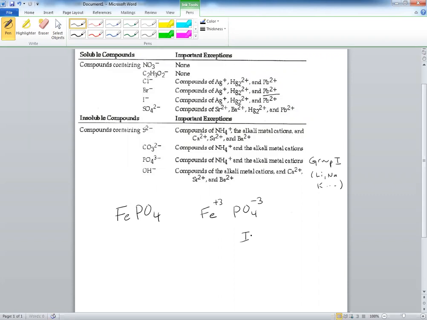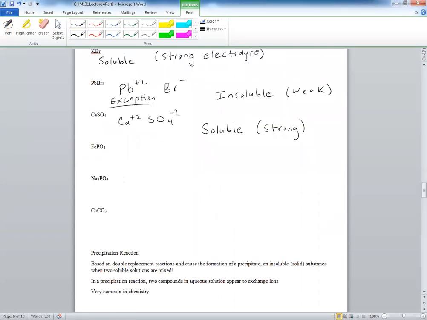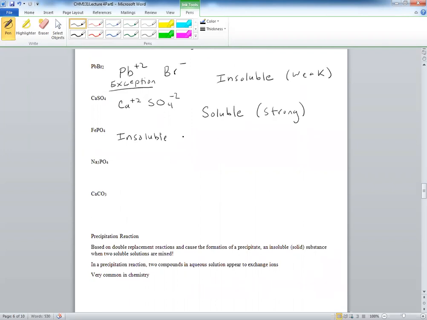Therefore, it is insoluble. So this is insoluble, which means it's a weak electrolyte.